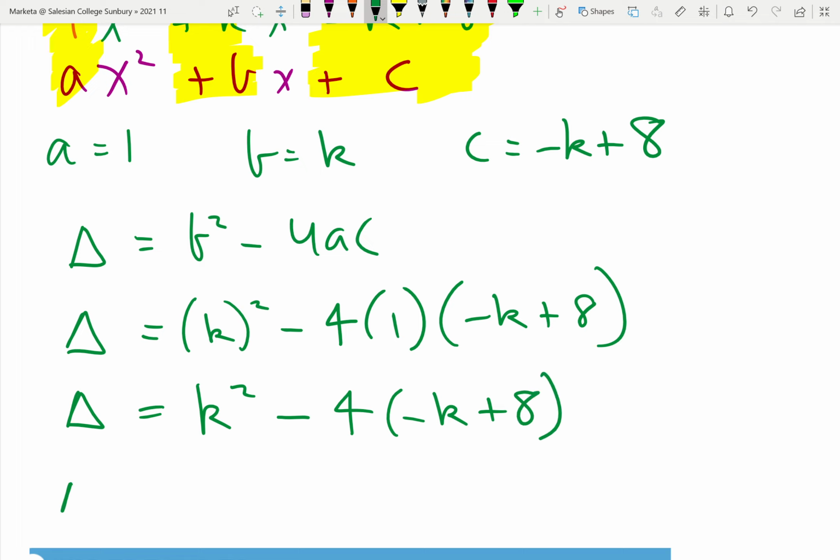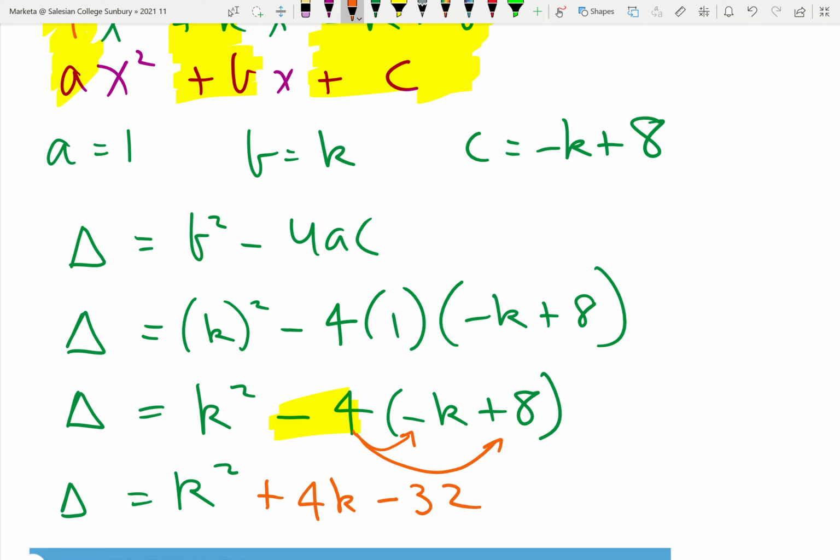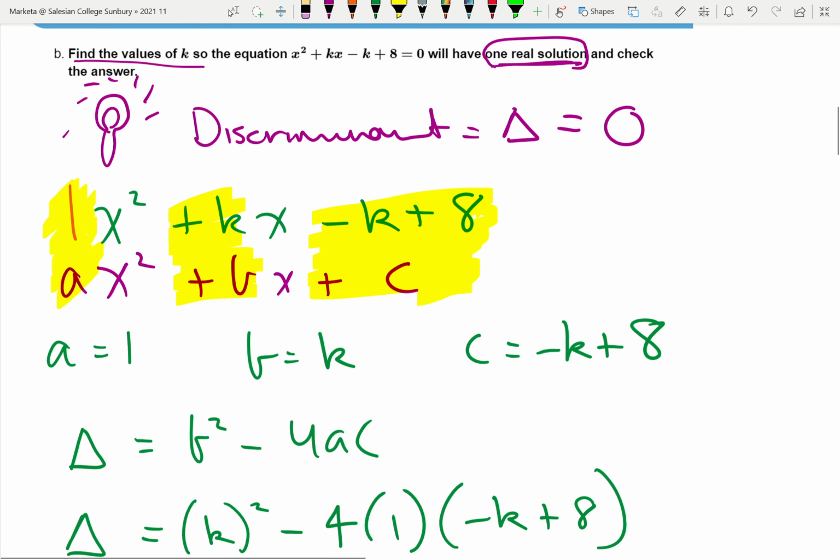So I'm going to have to expand that. And be careful, it's negative 4 times negative k, so it's going to be positive 4k, and then negative 4 times positive 8 is negative 32. So I've got the discriminant there, so far so good.